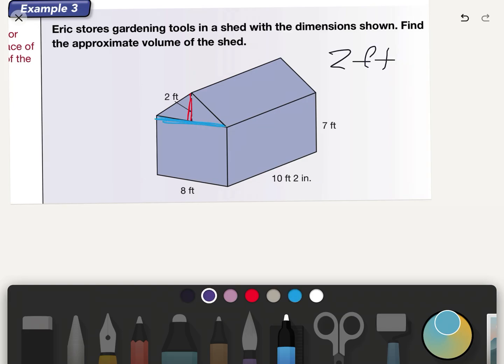the width and along the length, which means I probably did not give myself enough space up here. I'll bring this down here.